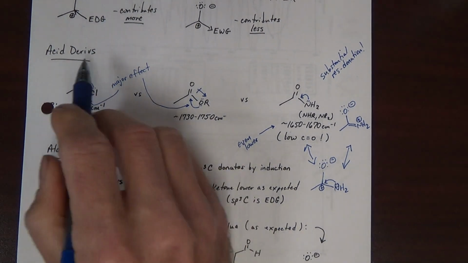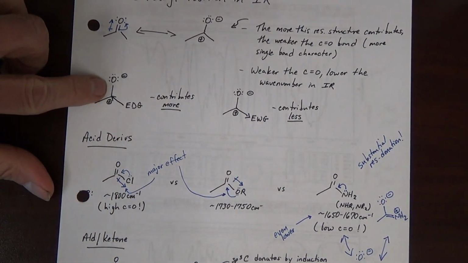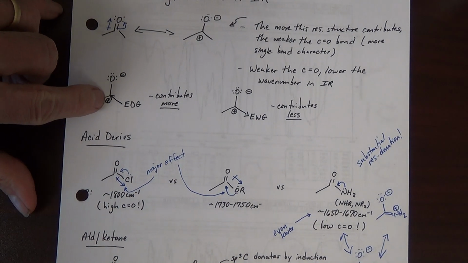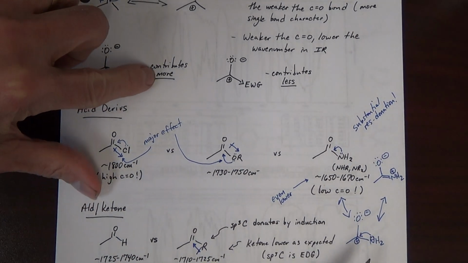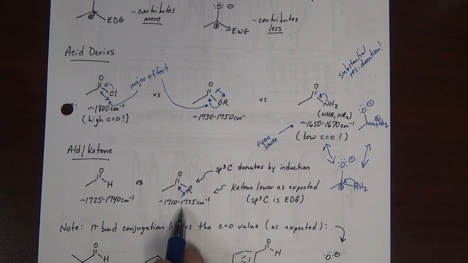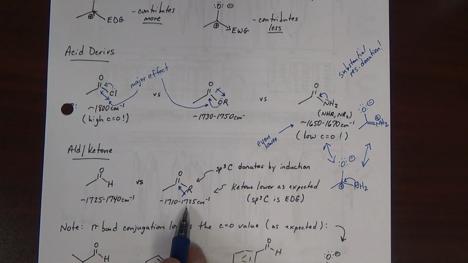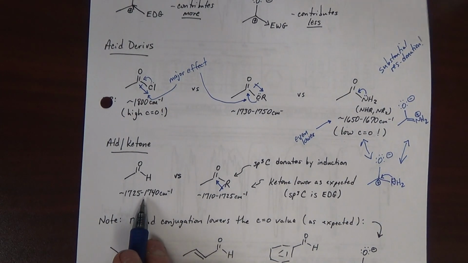If we have a donating group, it's going to contribute more because it helps stabilize the plus that develops here. If it contributes more, we would expect a lower value for the carbonyl, and indeed we do. Ketones typically have lower carbonyl stretches compared to aldehydes.